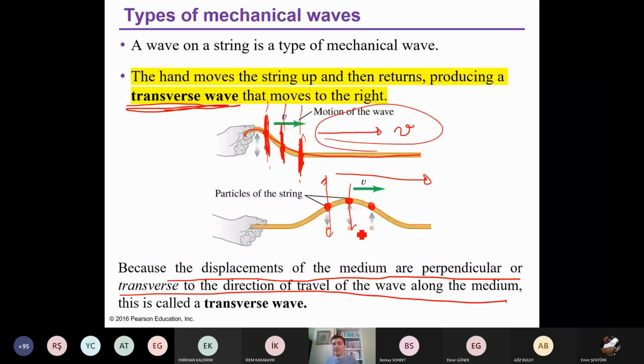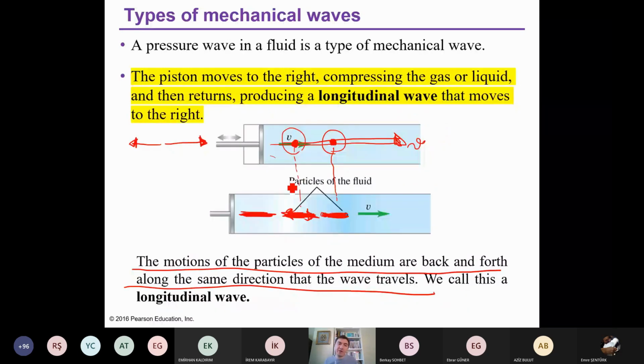So this particle does not move to the right or to the left, it moves perpendicular to the motion of the wave, okay? So here, look at this longitudinal wave. Let's consider here you have a particle, and the particle has a periodic motion with some certain amplitude. It does not move to the right, okay? It has just a periodic motion with some certain amplitude.